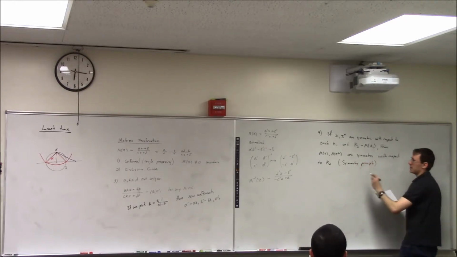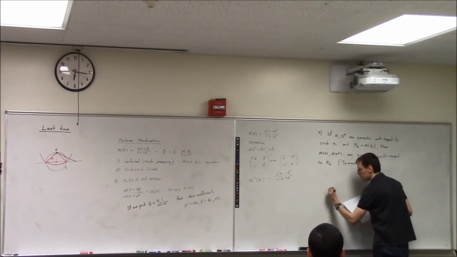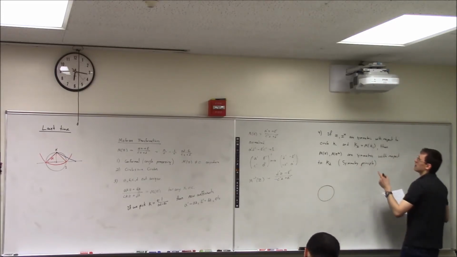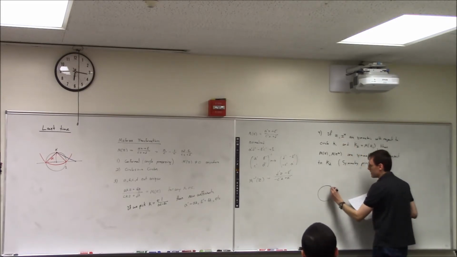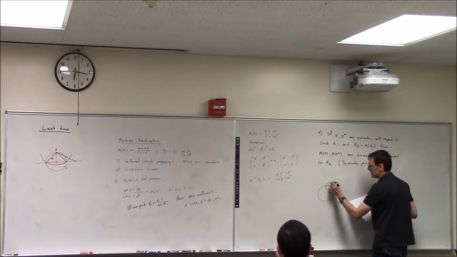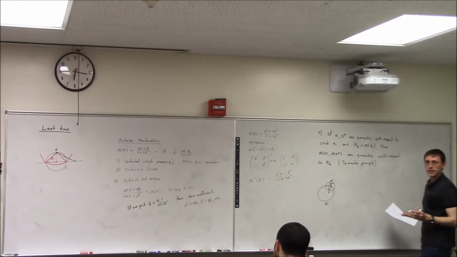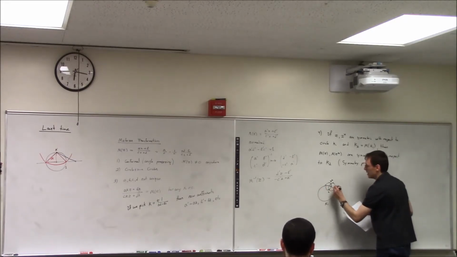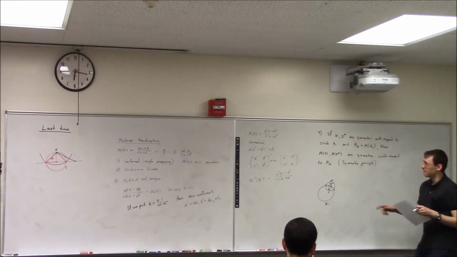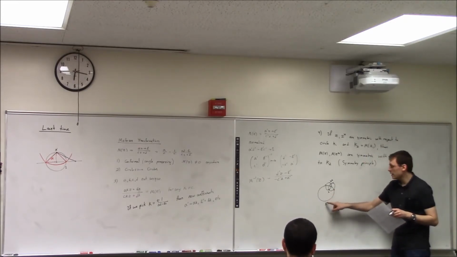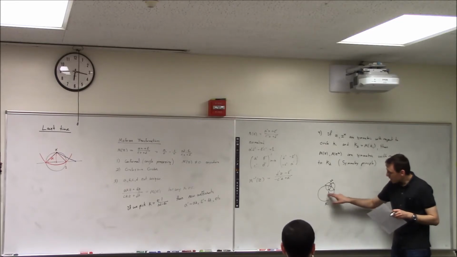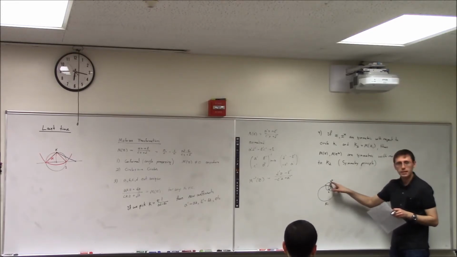So what does it mean? What's the symmetry principle? Z and Z star are symmetric, and I hope you remember this: if this is Z and this is Z star and this is K1, symmetric means that the inversion of Z through the circle K1 will be Z star.